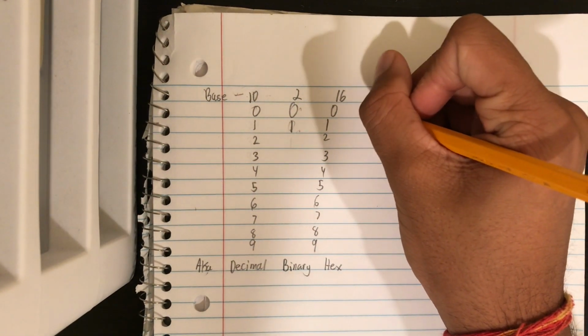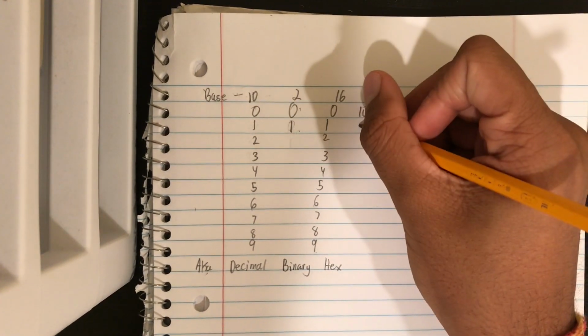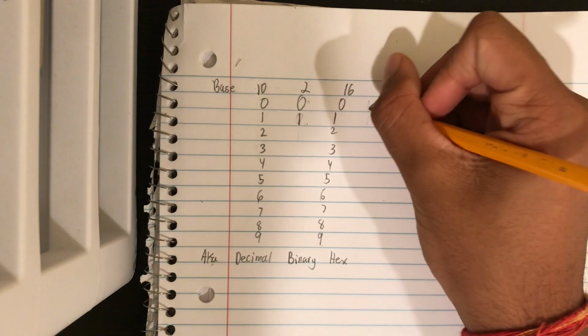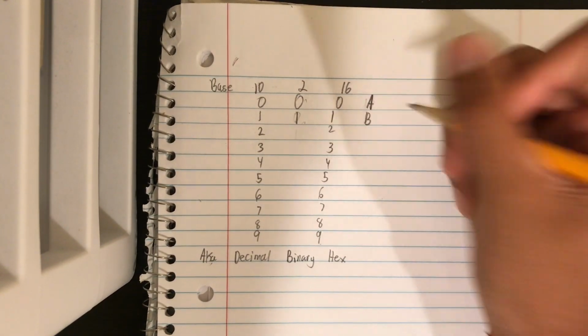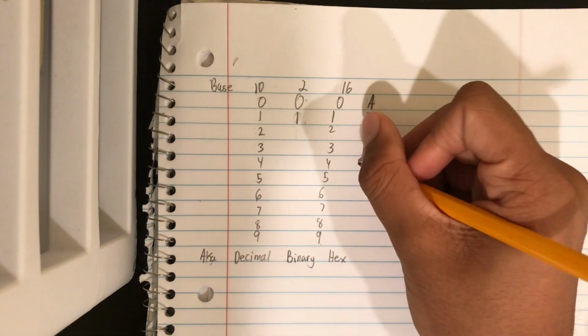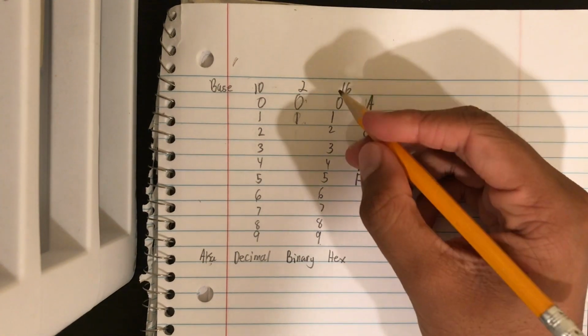So 9, 10, and then 11, and then actually you might think it's 10, but that's incorrect. What we'll notate 10 as is an A. So 10 is an A, 11 is a B, 12 is a C, 13 is a D, 14 is an E, and 15 is an F, before finally repeating back.